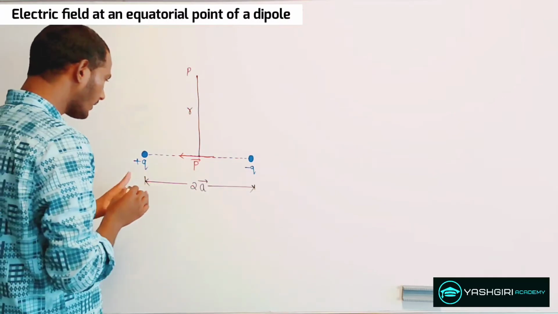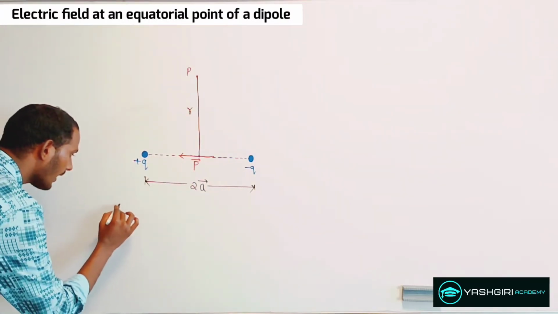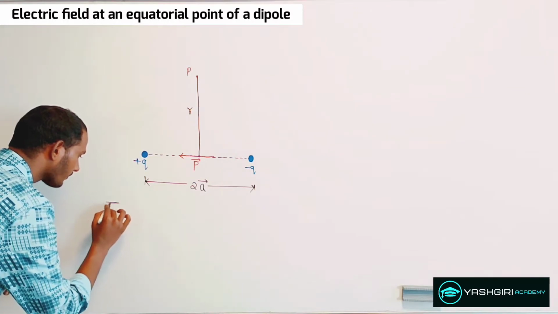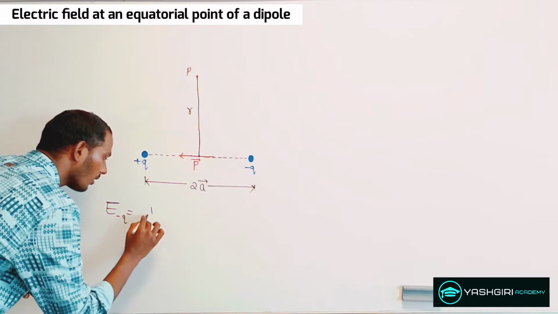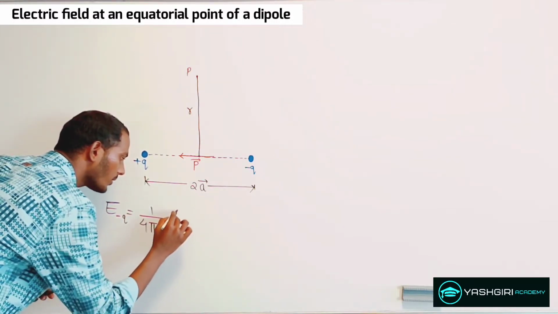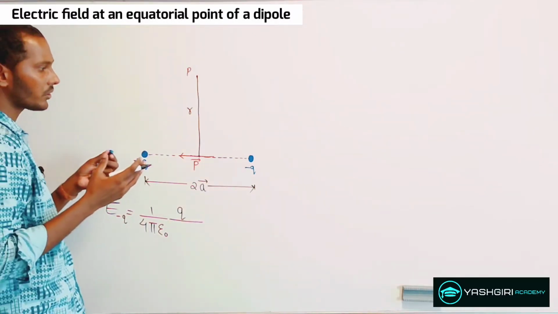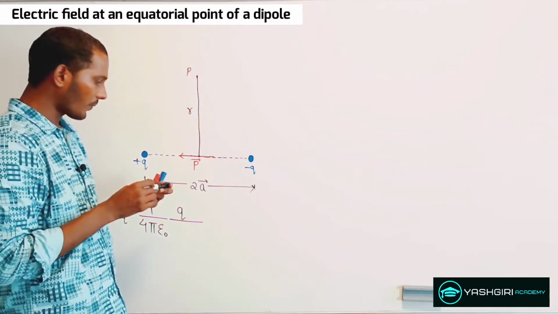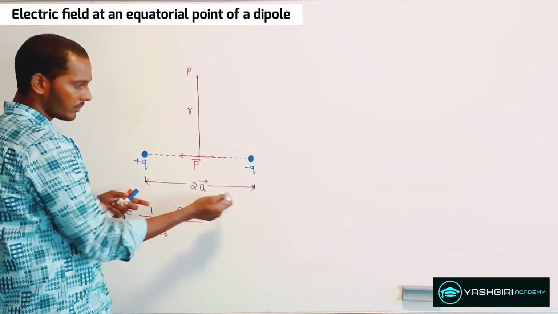So let me find the electric field due to this negative charge. Here I can say that the electric field due to the negative charge is equal to 1 upon 4 pi epsilon naught into the magnitude of the charge divided by the distance at which you are going to measure. Now this is the distance of separation between the positive and the negative charge.